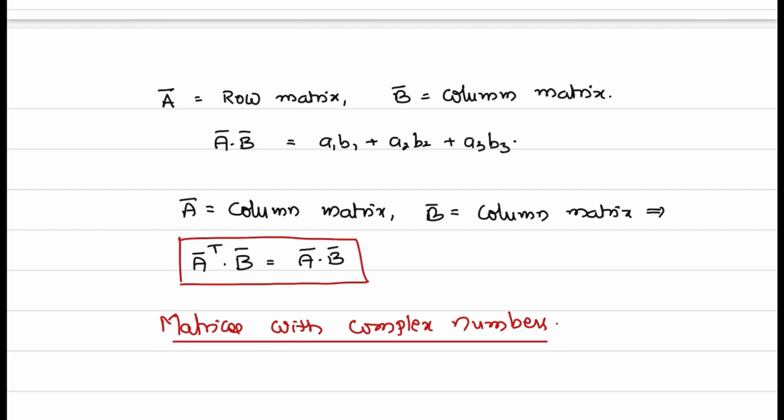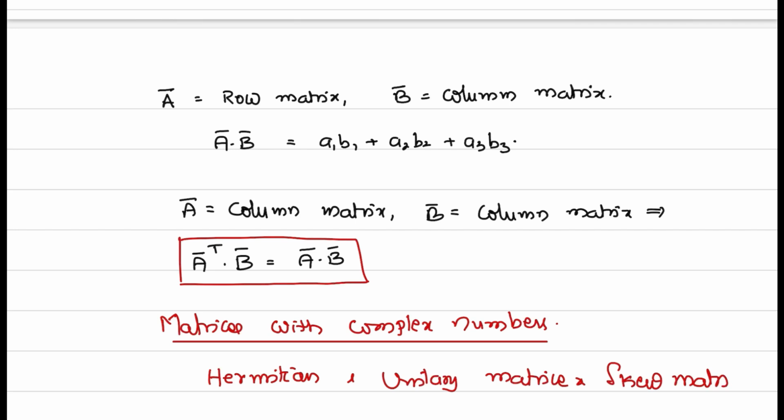In that, we will be talking about the Hermitian matrices and then unitary matrices, skew Hermitian also, and skew matrices. With that, we will be completing the types of matrices.